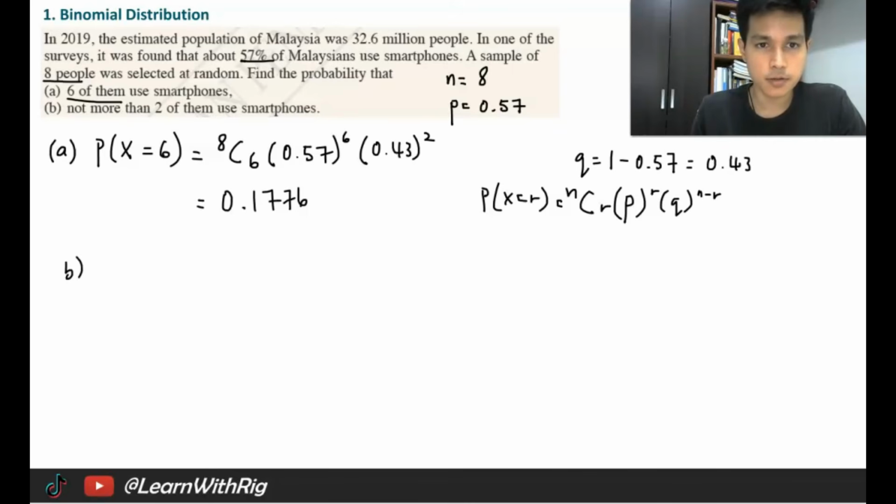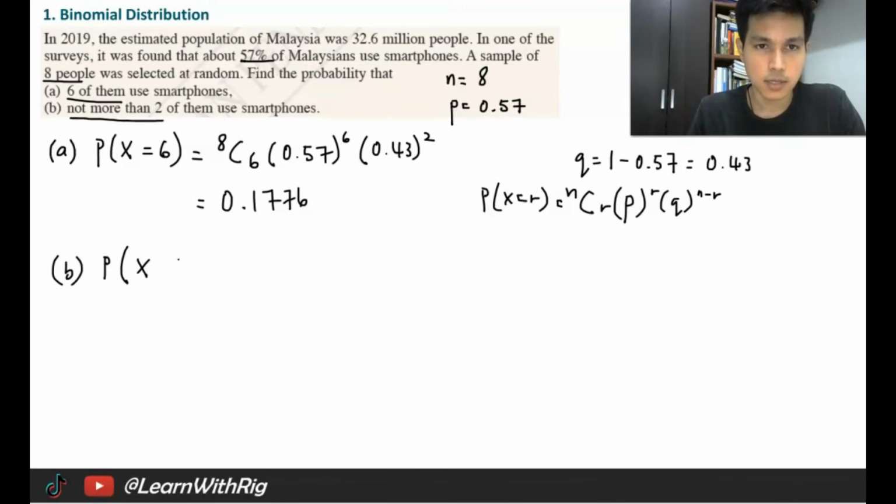Question B, find the probability that not more than 2 use smartphones. So not more than 2 means what? That means P(X) is either less than or equal to 2. Just think about it: if it's not more than 2, that means it's either less than 2 or exactly 2.